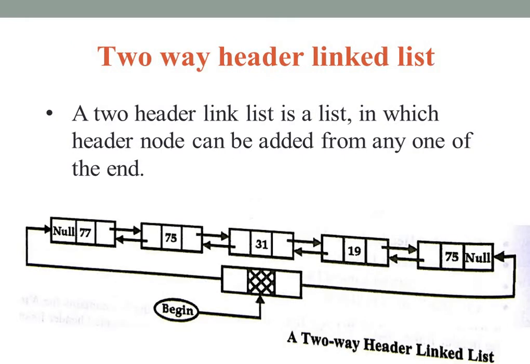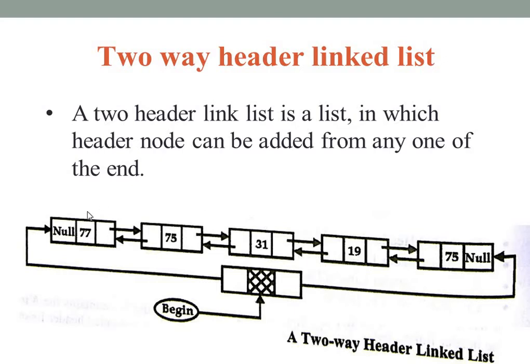Now let's see the two-way header linked list. A two-way header linked list is a list in which the header node can be added from either end, as you can see here. And one more thing, a two-way linked list node has three parts. The first part is the address of the previous node, the second part is the information field, and the third part is the address of the next node.